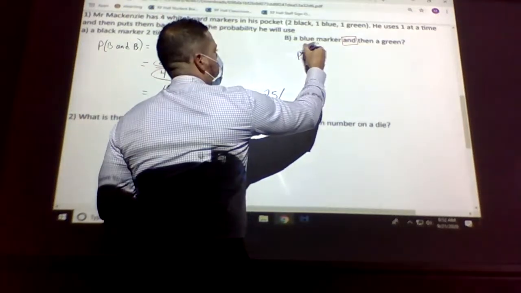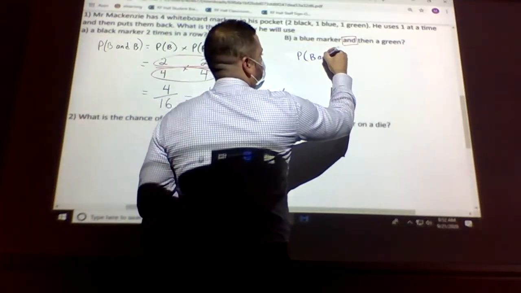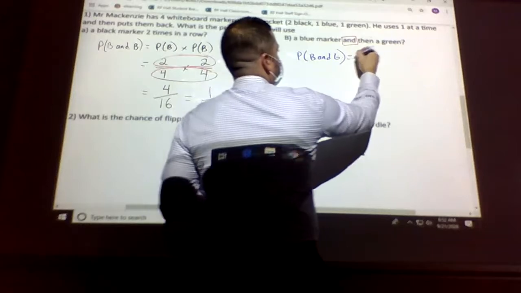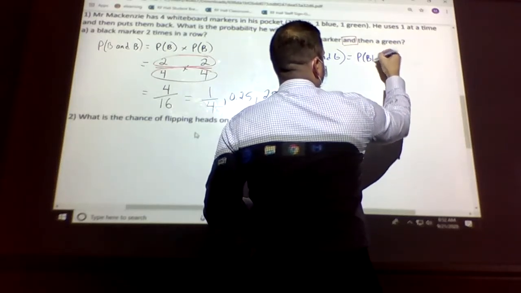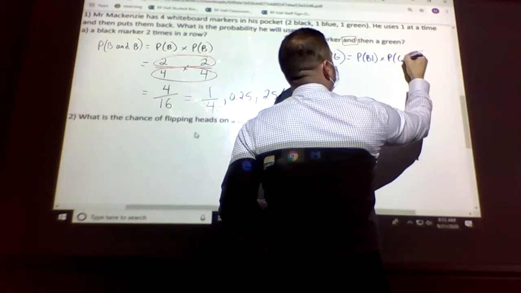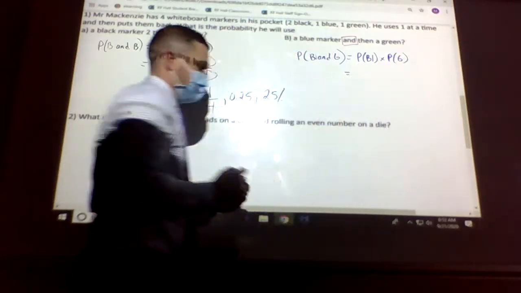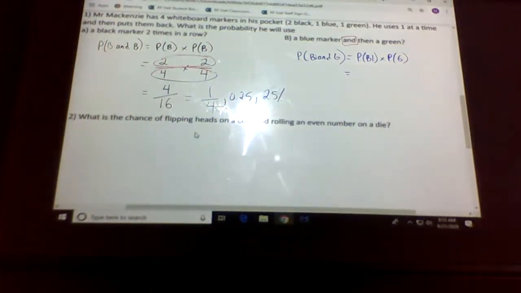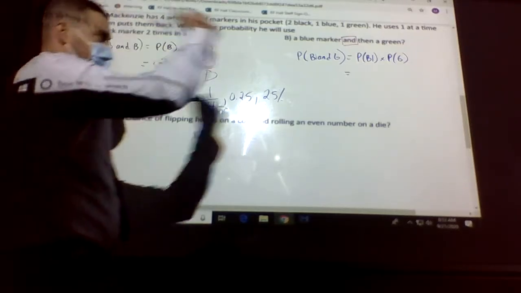So the probability of blue and green is the probability of blue occurring, I'll put BL for this one, times the probability of green occurring. You do not have to write the formula out every single time you answer a question.